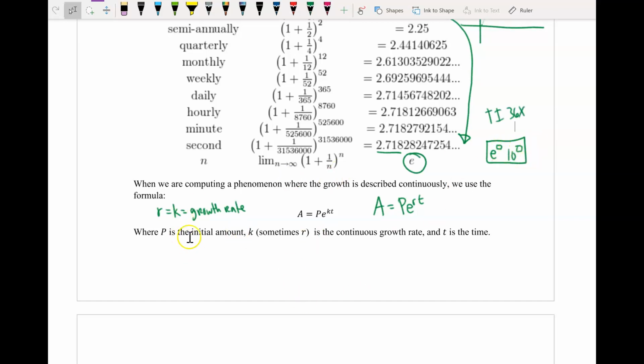P is the initial amount, k is the continuous rate, and t is the time. If you have a phenomenon that is continuous, and this is the key word, then you're going to use this formula. Let's go ahead and do an example.